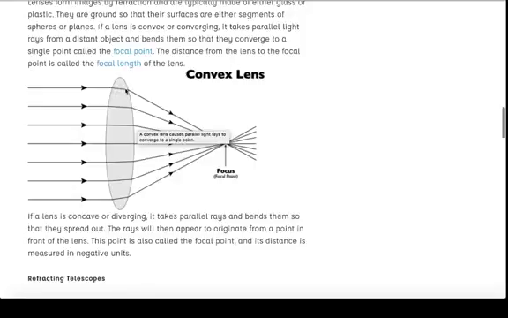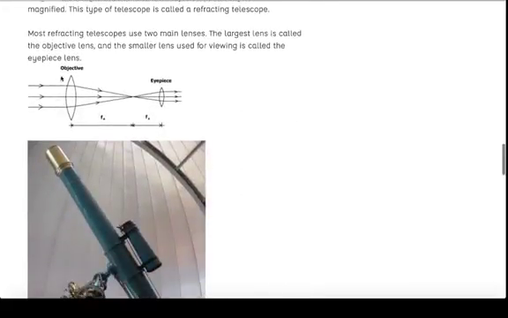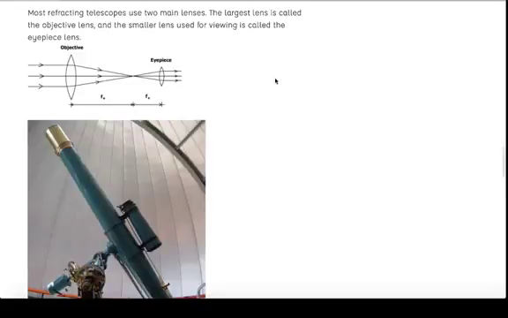The light rays are bent, and when they come through the other side, they're focused on what we call a focal point. A telescope has this sort of lens that is pulling the light in and focusing it, and then it also has a second lens, which is called the eyepiece, which takes the converged image and separates it into an image that is ready for your eyes, which are also a type of lens.